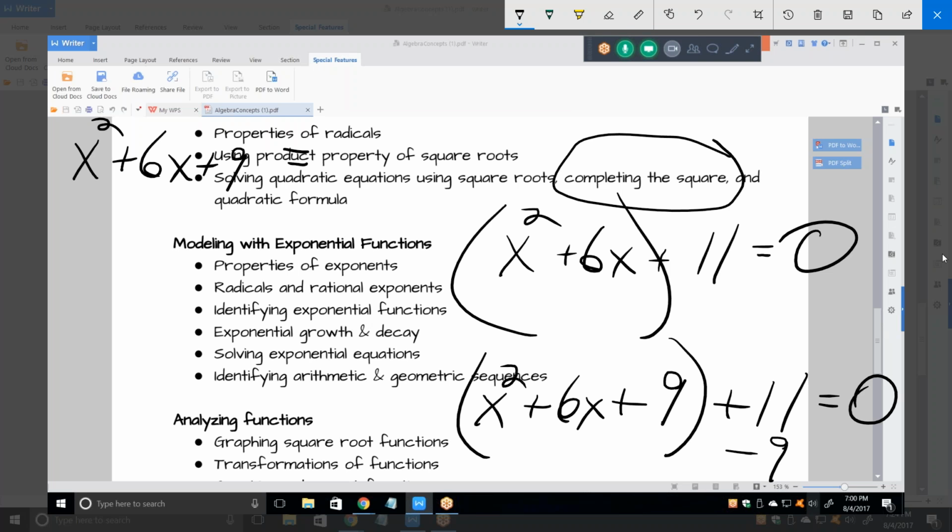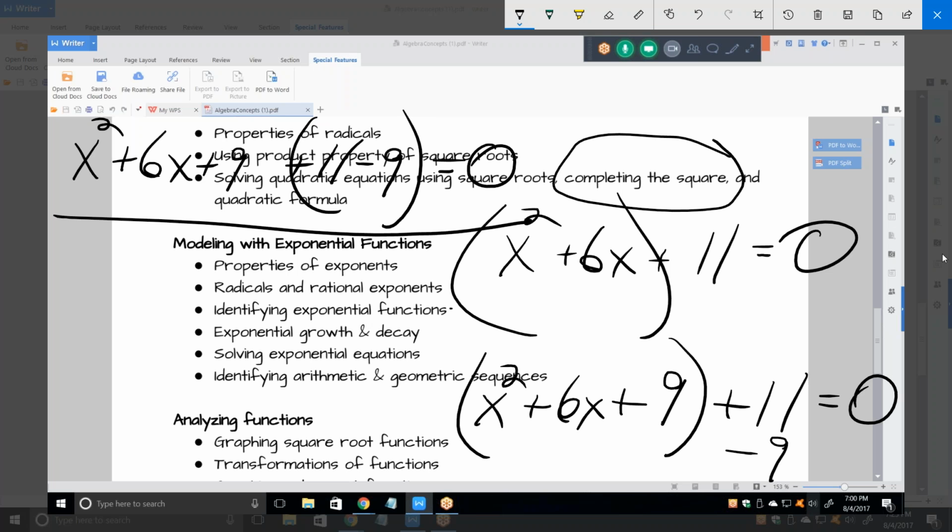Let me write that a little different. It's liable to be confusing, but this is a tough subject, so just bear with me. Plus 11 minus 9 equals 0. Do you see that this is the same as what I started with? In other words, the 9's cancel, right?